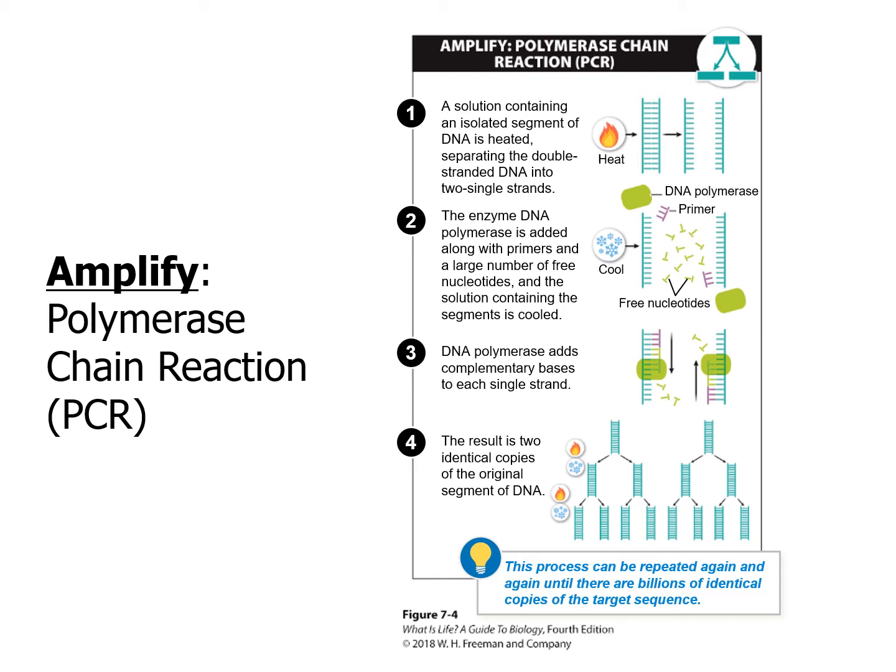And as you can see with this little example, they are heating and cooling, which is breaking apart our nucleotides and then putting them back together, essentially. And then the result is going to be 2 identical copies of the original segment of DNA. This process can be repeated again and again until there are billions of identical copies of the targeted sequence, which is honestly pretty cool, but that's a PCR.